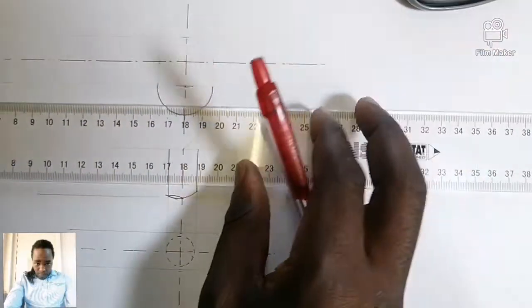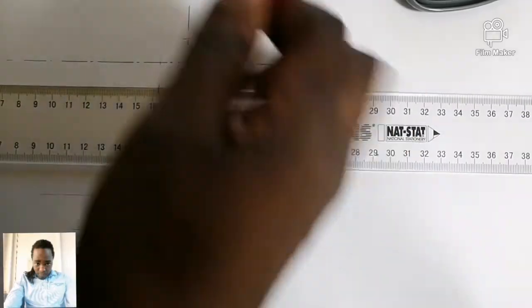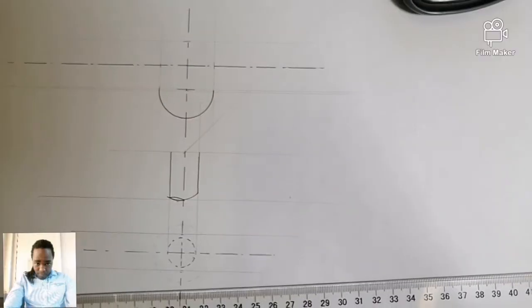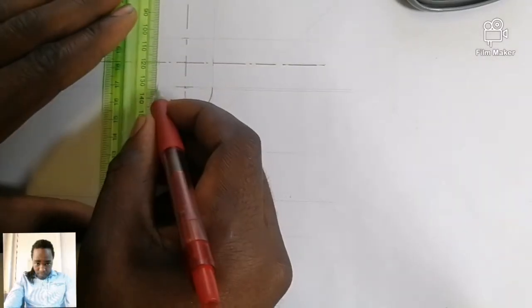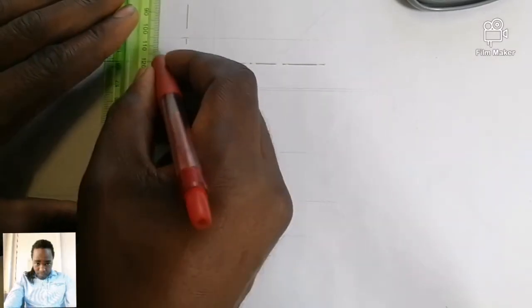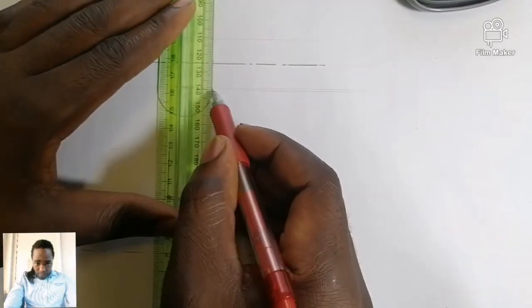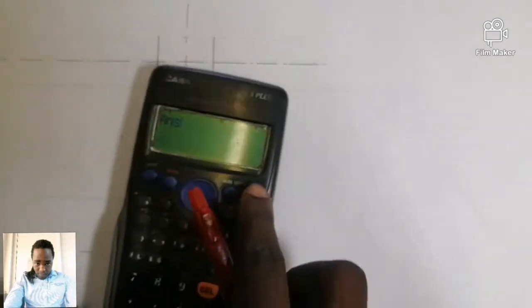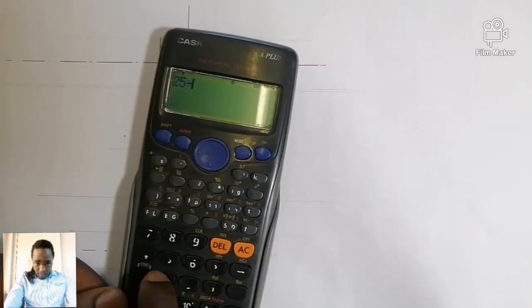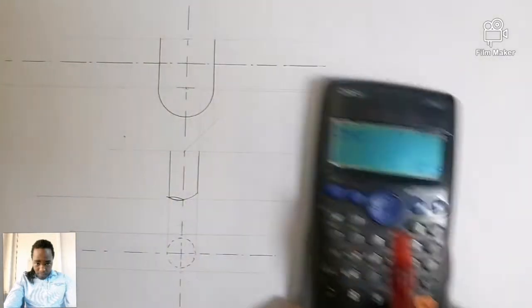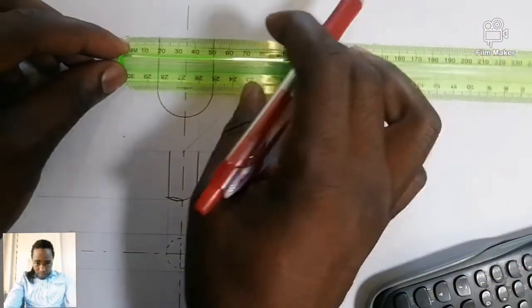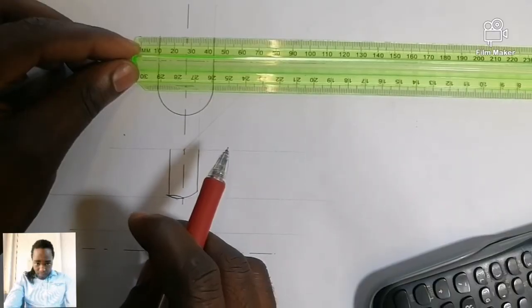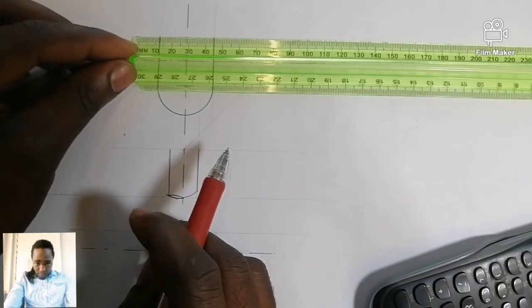Have this one faint. Then 25 divided by 2, 12.5. Come here. 10, 11, 12.5.